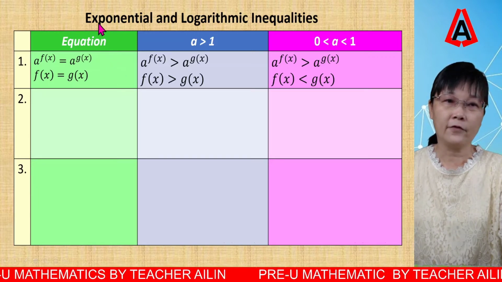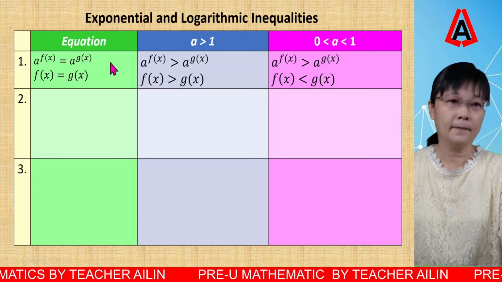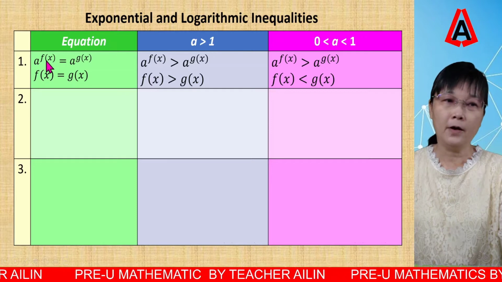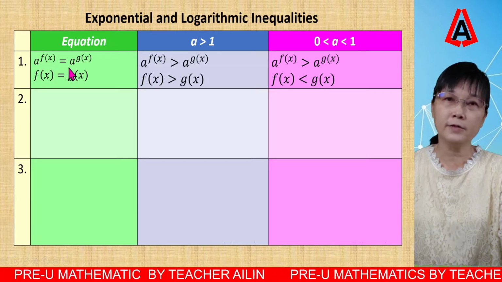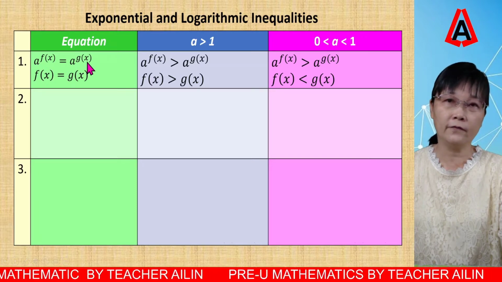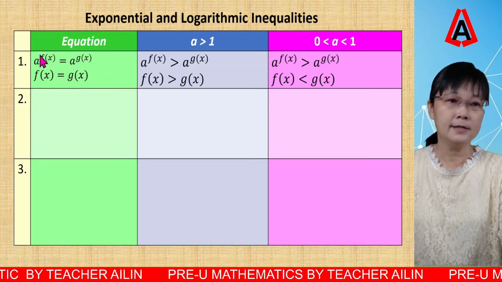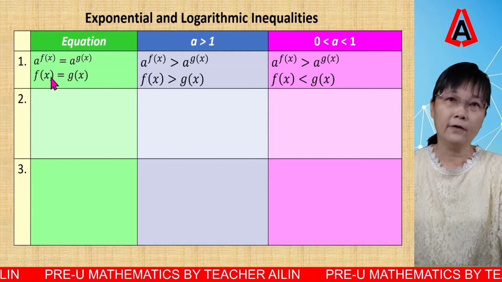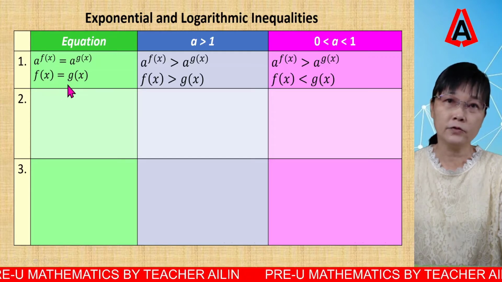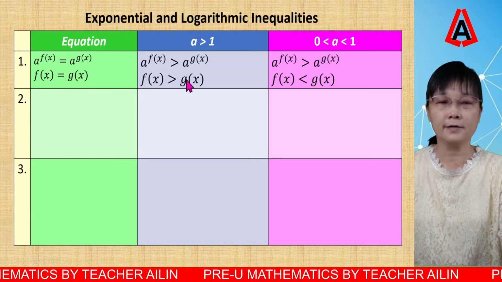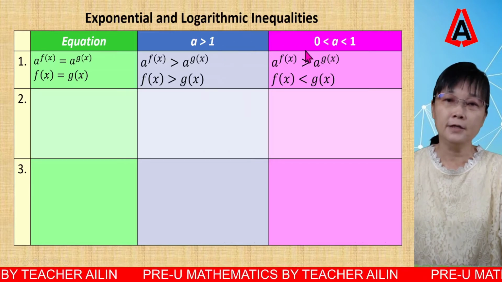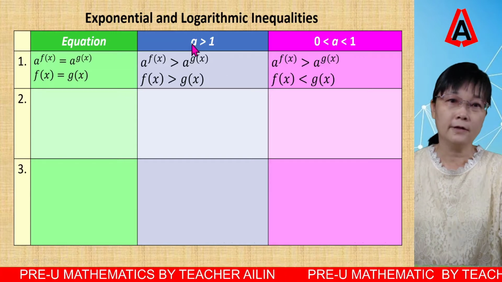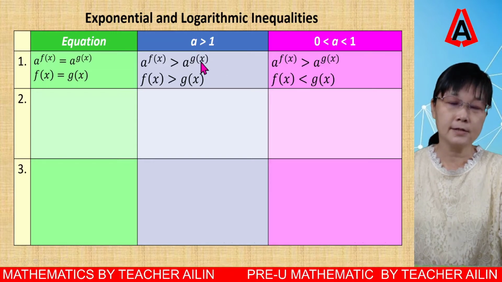So now I start from the exponent. For the equation, when a power f of x equals a power g of x, since the base is the same, we can say that the exponent f of x is equal to the exponent g of x. Now for the inequality, it depends on the value of the base.